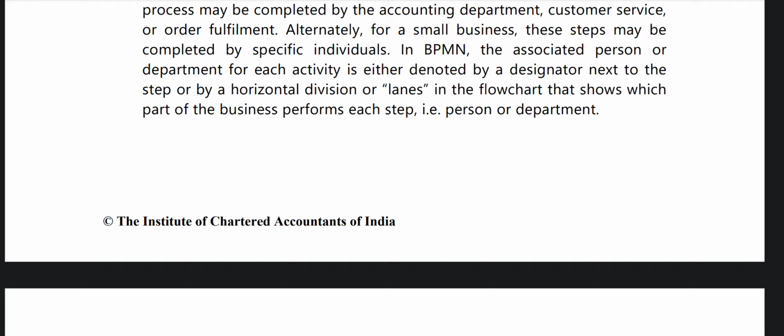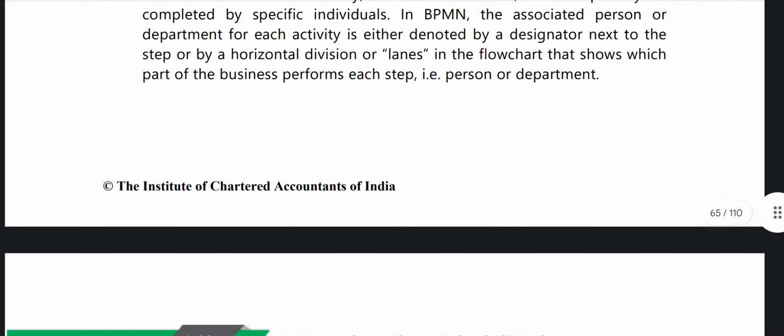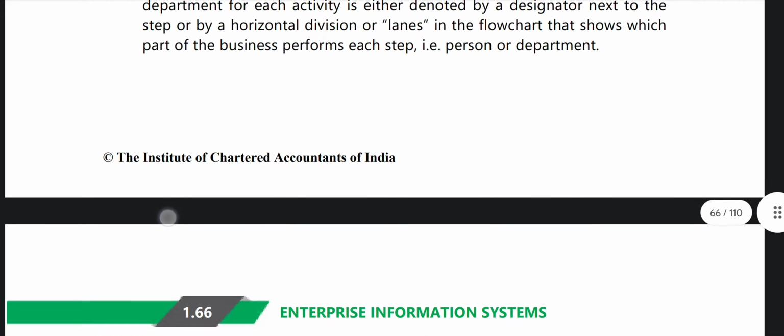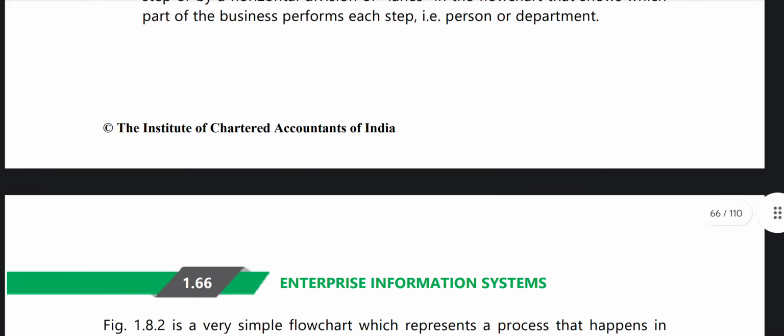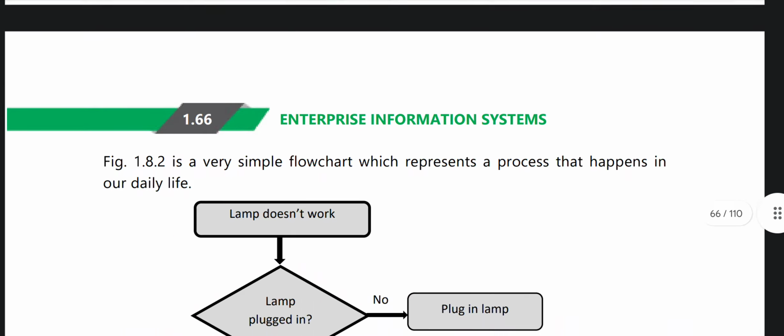In business process modeling notation, the associated person or department for each activity is denoted either by a designator next to the step or by horizontal lanes in the flowchart that show which part of the business, a person or department, performs each step.